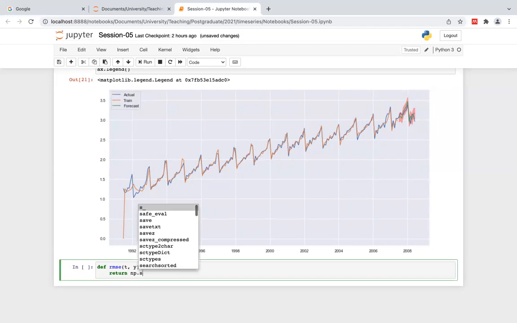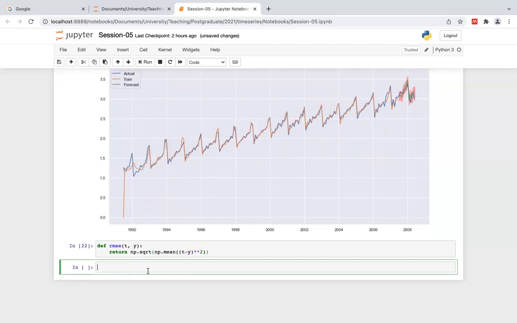NP. I have to get the square root. Then what I have to do is get the mean of t minus y squared.